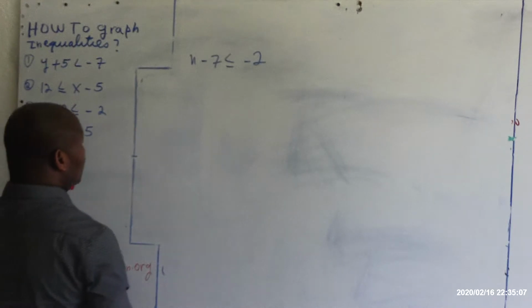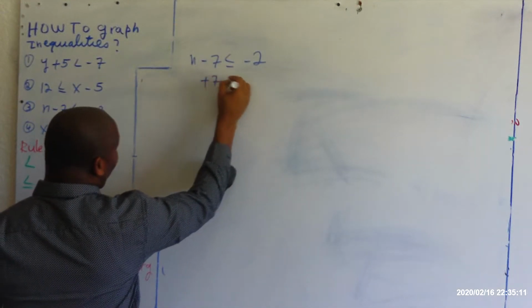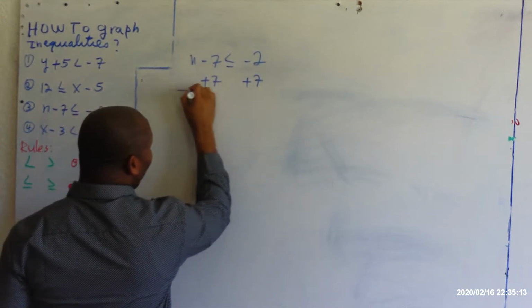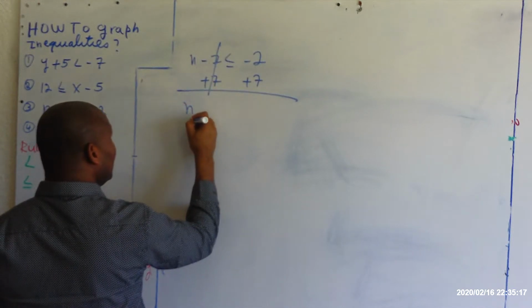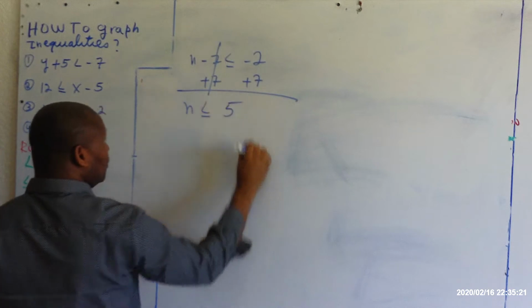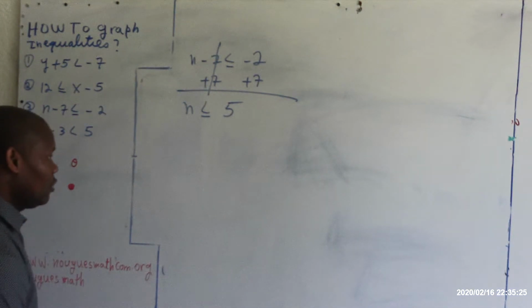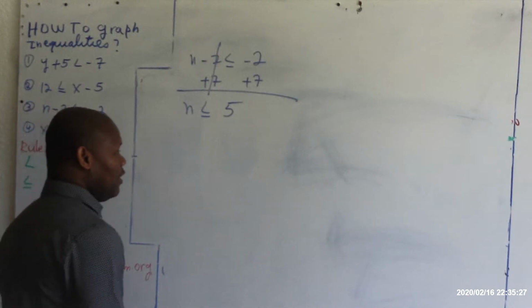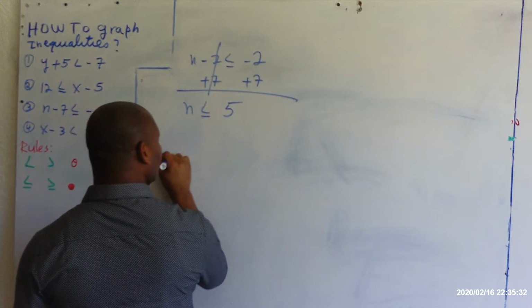So let's add 7 to both sides. Negative 7, positive 7, that cancels. We have n less than or equal to 5. So we're going to graph n less than or equal to 5. Let's graph it right here.